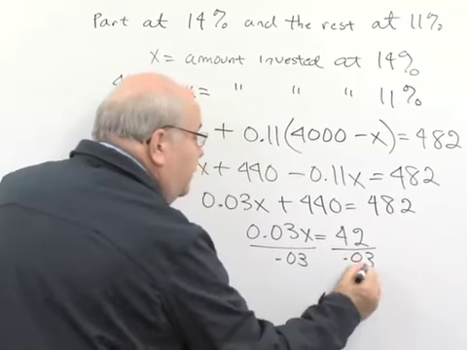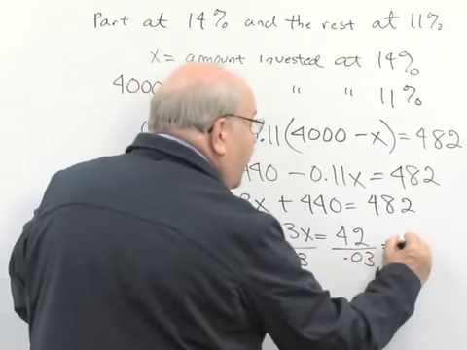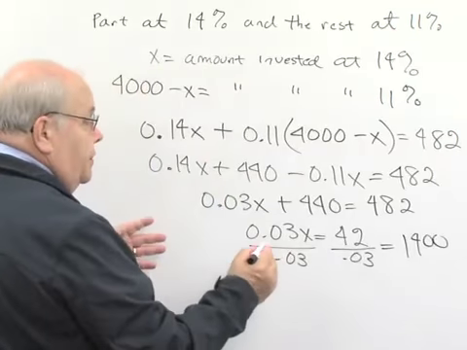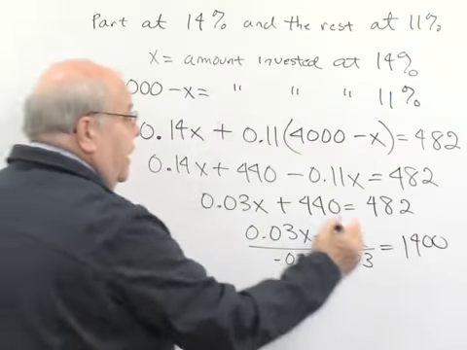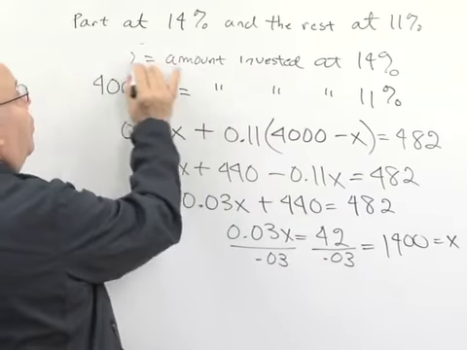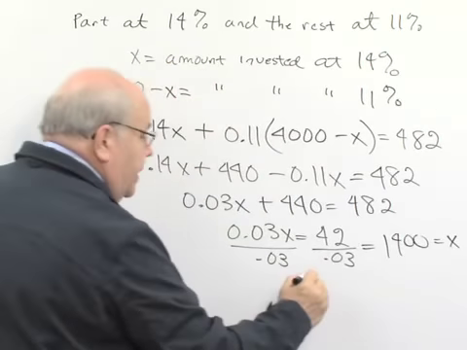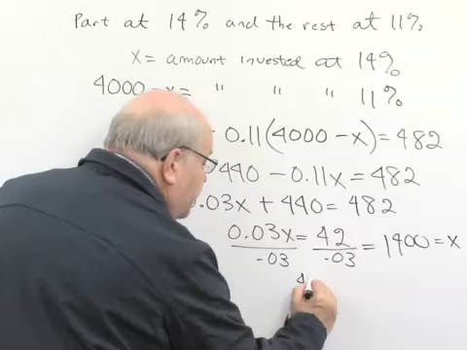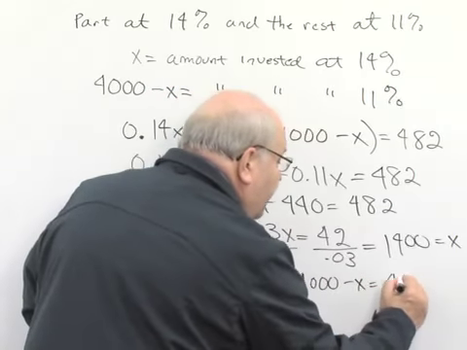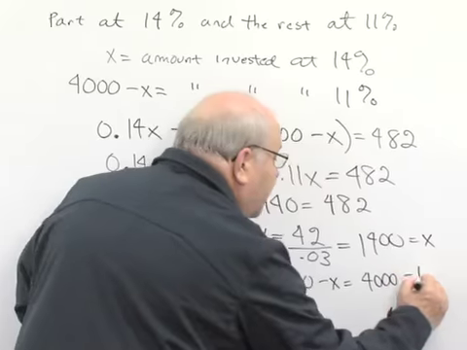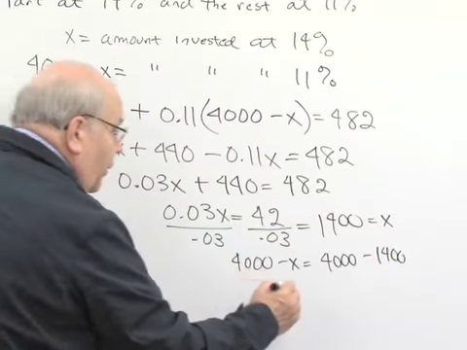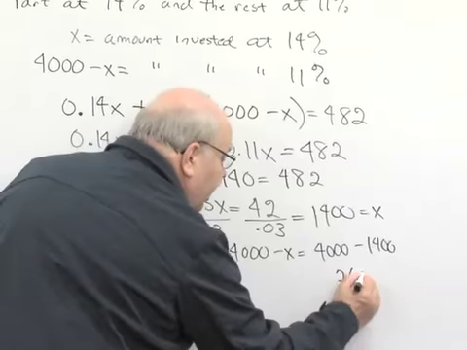If we do that division, we come up with 1,400. Now that tells us the value for x. X is 1,400. What about the other quantity, the 4,000 minus x? So 4,000 minus x would be 4,000 minus 1,400, and this would give us a total of 2,600.